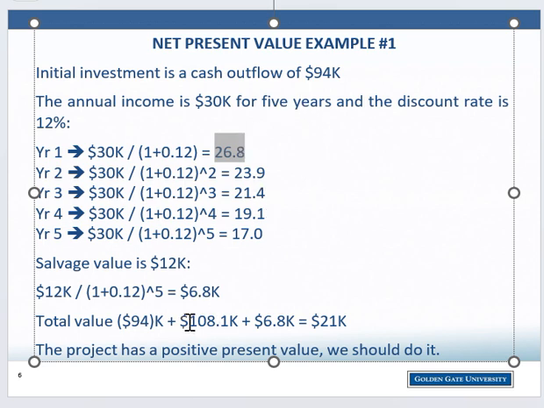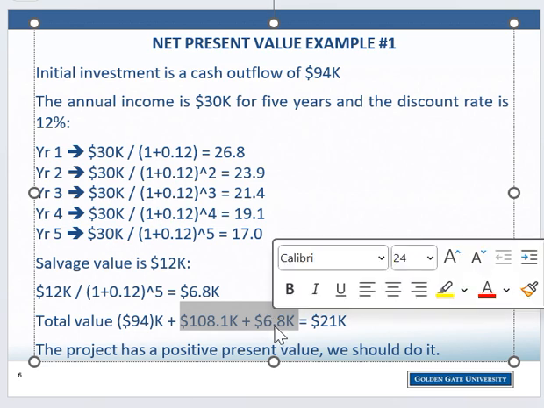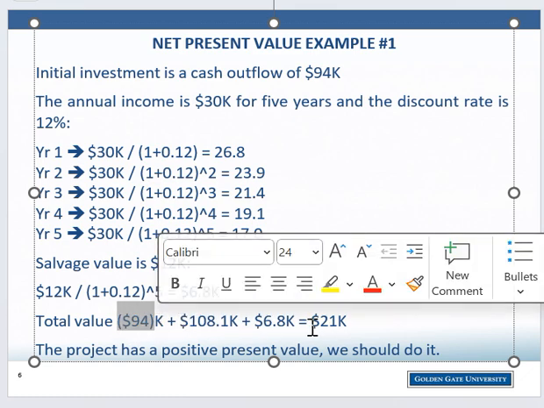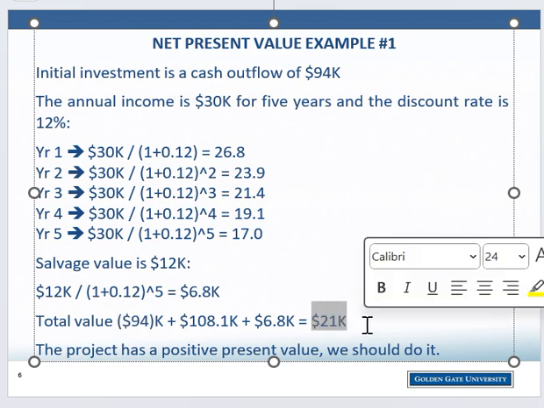So all of this is going to be the sum of $108,100 plus the $6,800 of salvage value. That's cash inflow minus the cash outflow in today's dollars, $94,000. That's going to give me a positive $21,000.